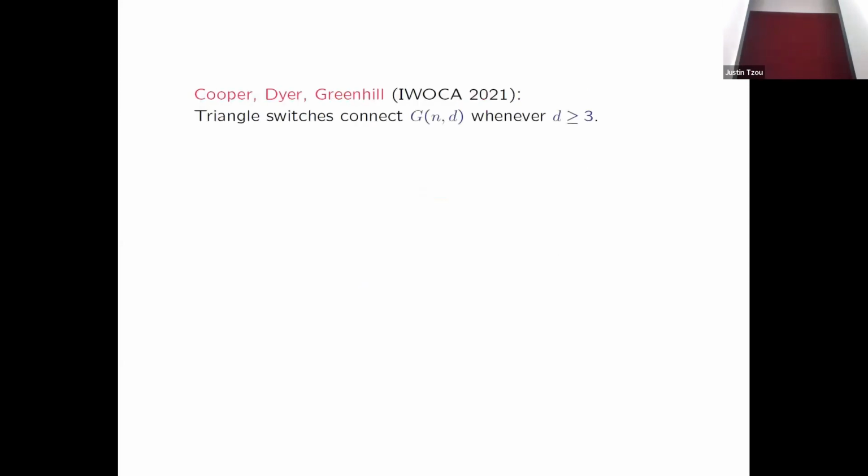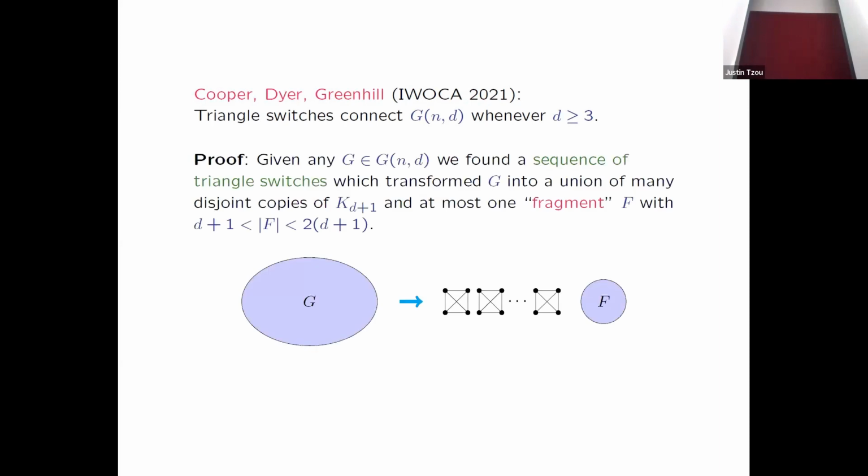Our first foray into this was some work on the regular case when the degrees were at least 3. We used a combinatorial argument, which looked like this. Take a D-regular graph on n vertices. We showed that we could perform a sequence of triangle switches to turn that graph into one with a very rigid structure. It's a union of cliques, complete graphs on D+1 vertices, which are D-regular.